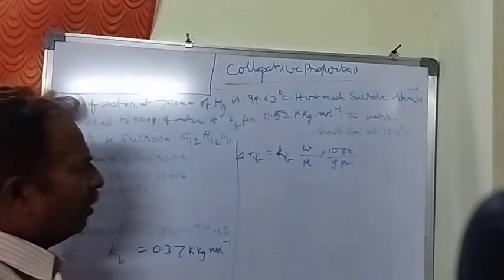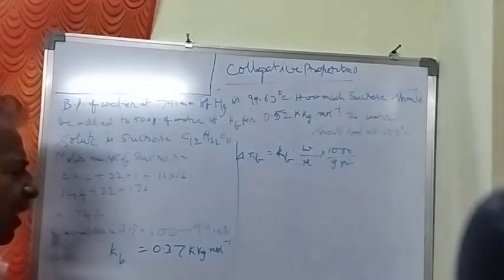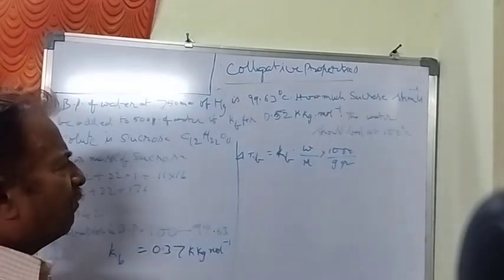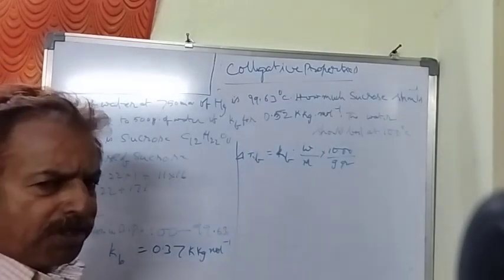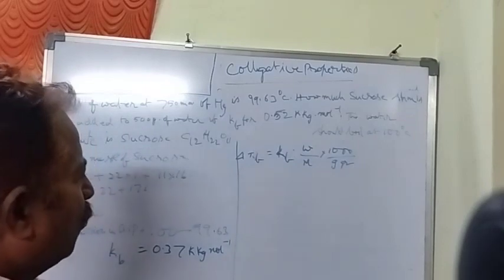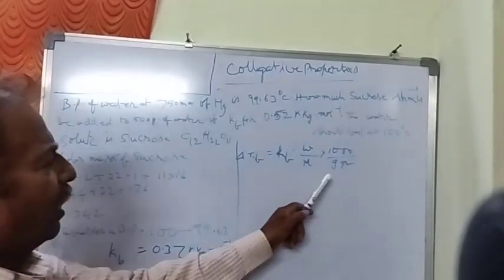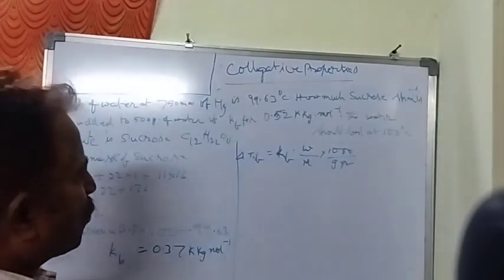What are the usual notation? Delta Tb is the elevation in boiling point, that is 0.37, and Kb, the molar elevation constant of water, is 0.52. W is the weight of the sucrose that we have to find. Molar mass of sucrose is 342, and G is the weight of the solvent in grams, that is 500 grams.